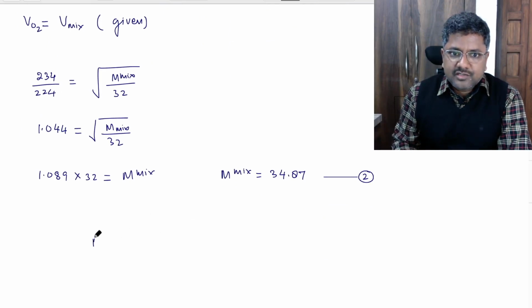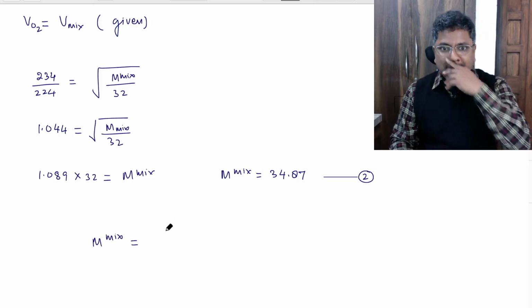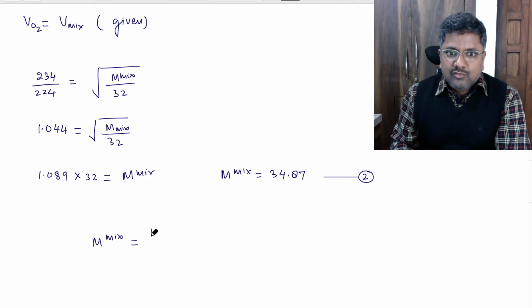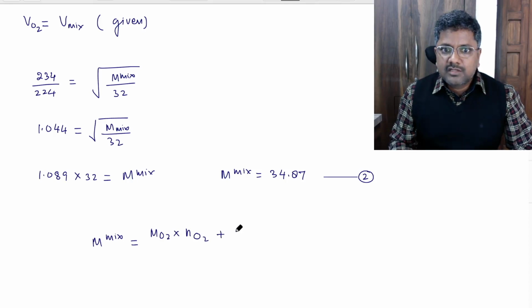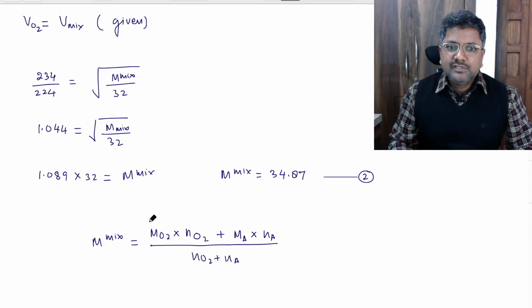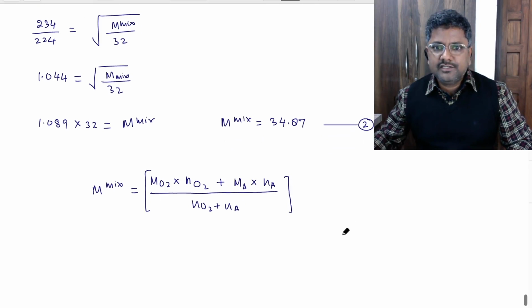Now see, the molar mass of mixture is equal to, we can write here, molar mass of oxygen into moles of oxygen plus molar mass of gas A into moles of gas A, whole divided by moles of O2 plus moles of A. This is the general formula for molar mass of a gaseous mixture, right?